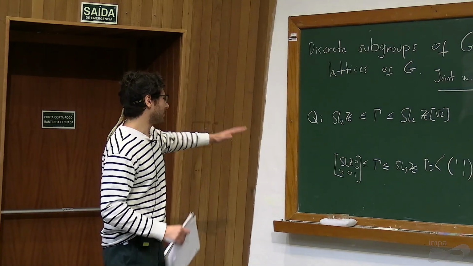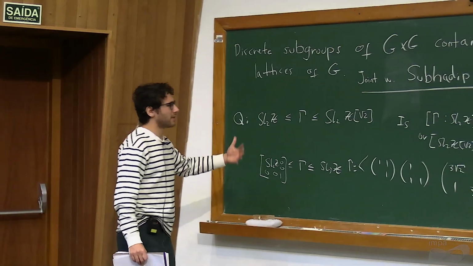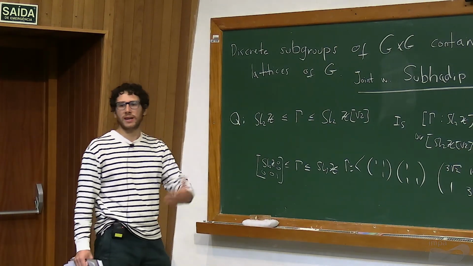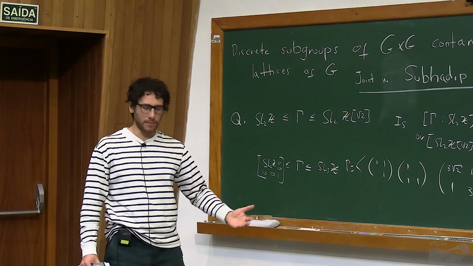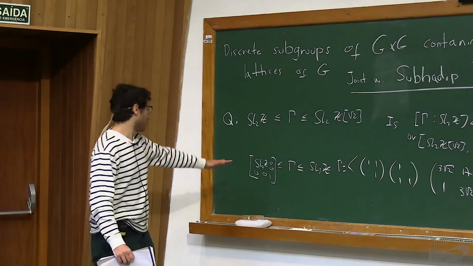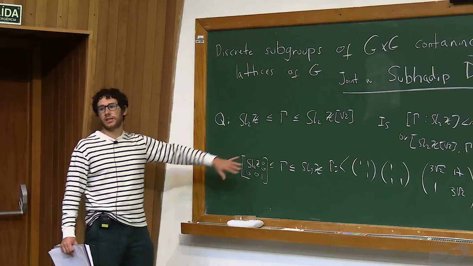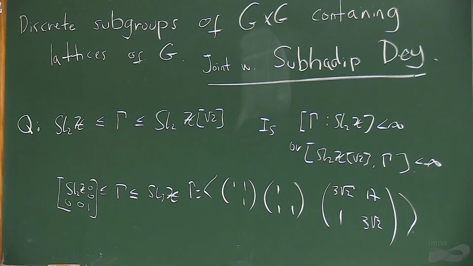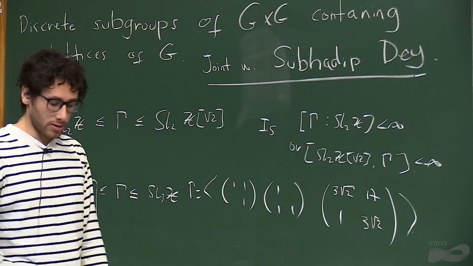But in SL2R times SL2R or SL3R, there are not many known subgroups apart from, for example, perturbations of these subgroups, which are called the Anosov subgroups, or things related to this, and lattices. It is very difficult to construct them.